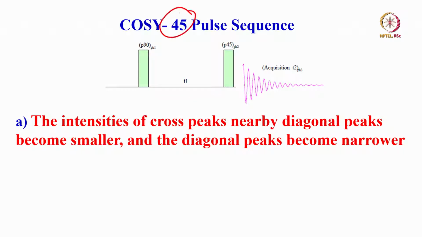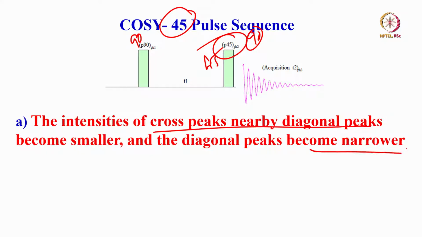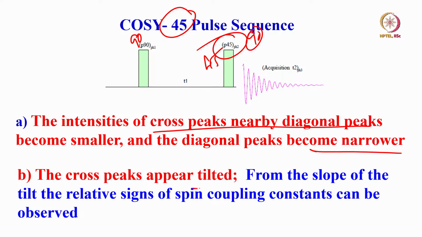It is another sequence where the second pulse is 45 degrees. In conventional COSY this is 90, this is 90, but in COSY-45 this is 45. The advantage here is the intensity of the cross peak near the diagonal becomes smaller and the diagonals become narrower. The cross peaks also appear tilted.